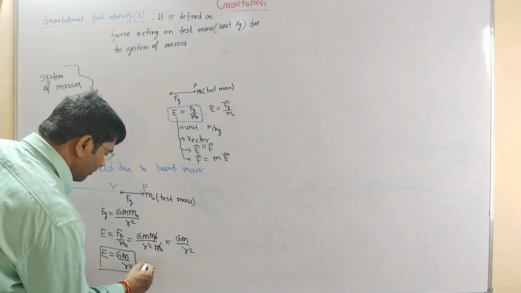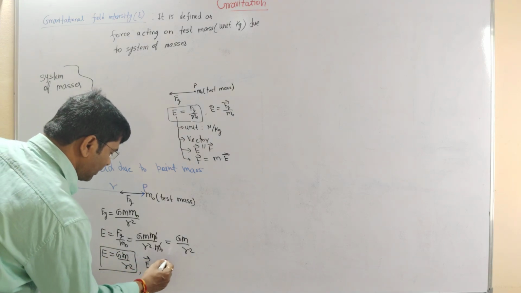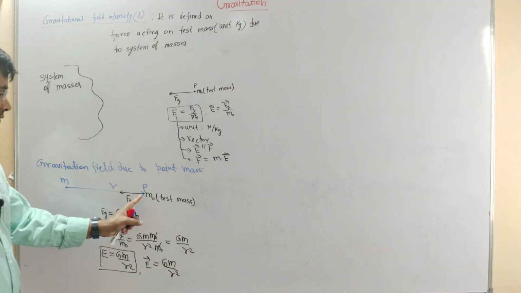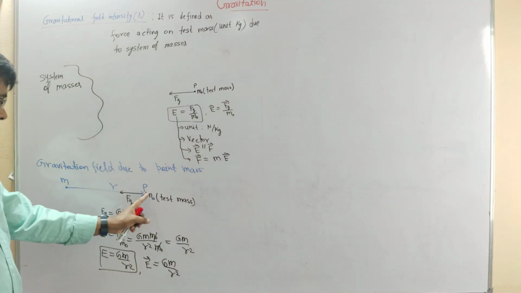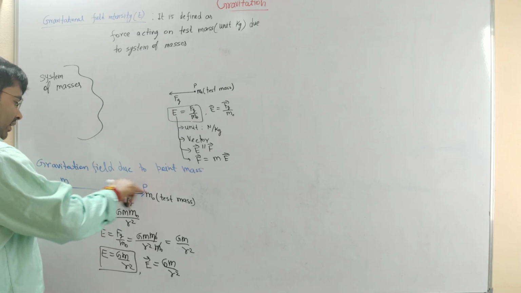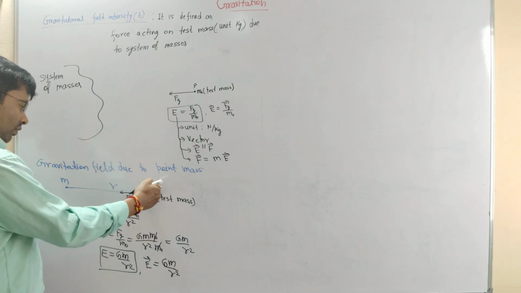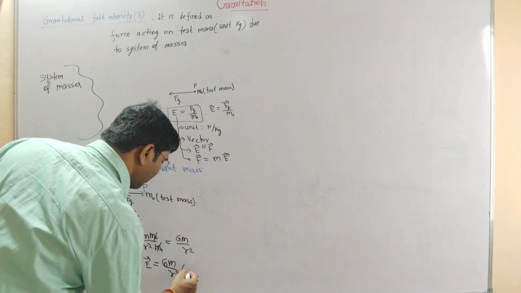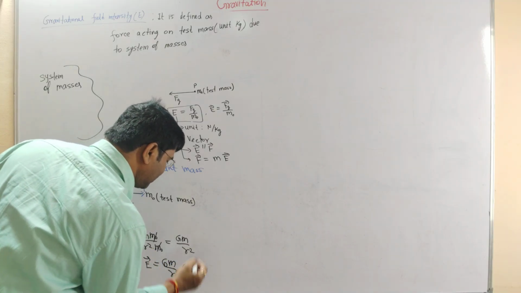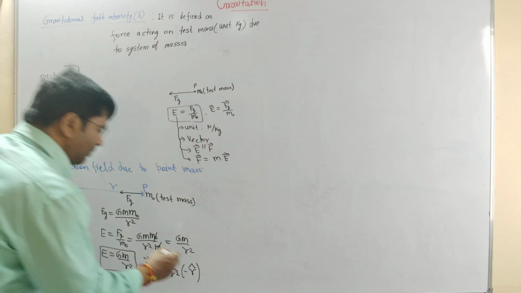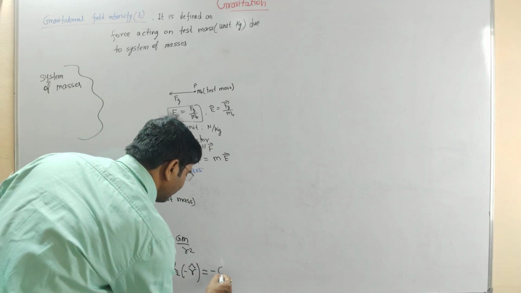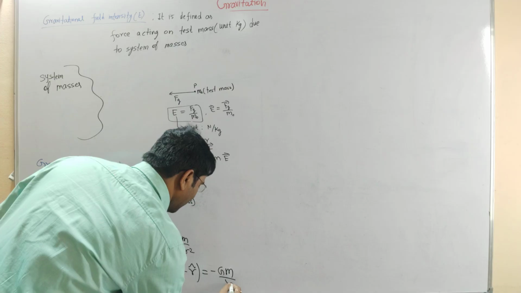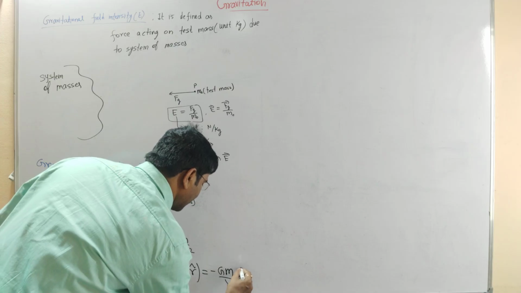If we want to write it in vector form, we can write GM upon r square into the unit vector. The vector r, I am assuming, is along the right side, while the gravitational field is toward the left side. So I can write minus r cap, where r cap is the unit vector. We can also write this value in this form: GM upon r square r cap.